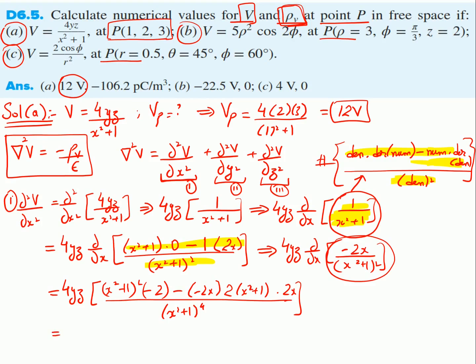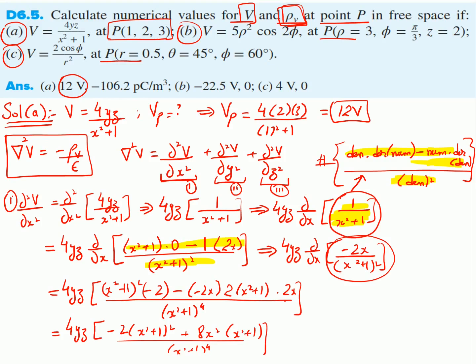Now you just put the value of p for these. So 4yz, what is the value of x square? Once you partial derivate this, you will get minus 2 x square plus 1 whole square, and you solve the 2x's to get 8x square, plus 1 divided by x square plus 1 power 4.